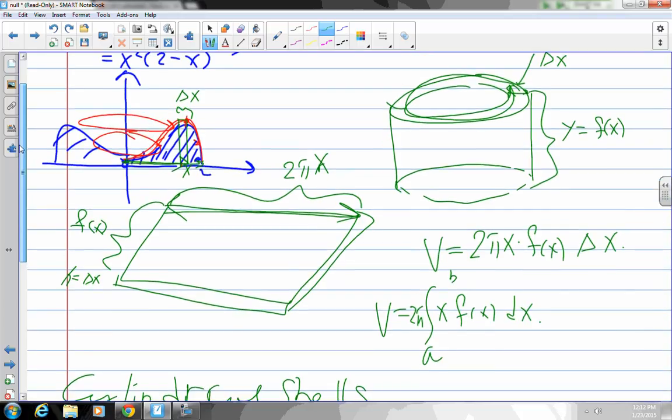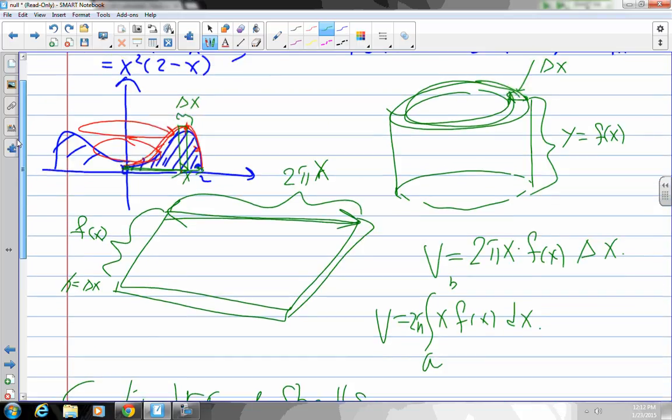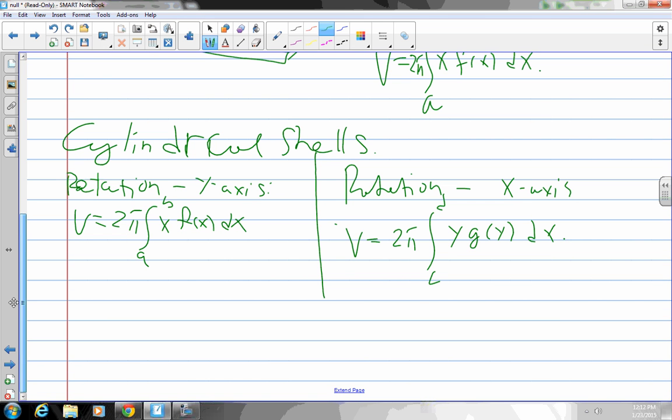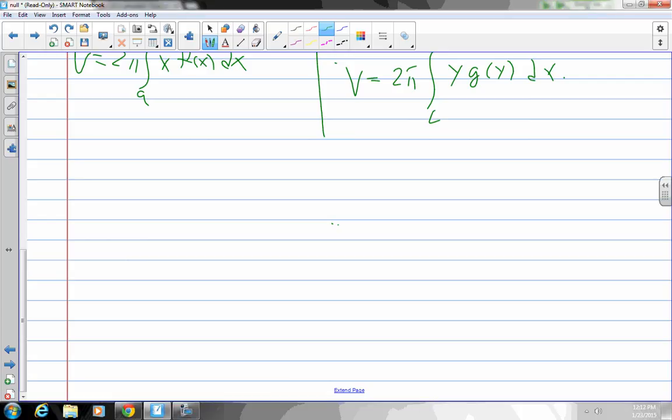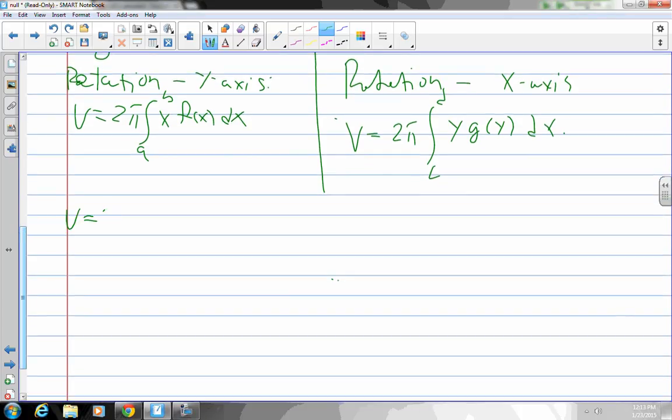So I can actually do this volume using this method now, right? Because all I need is my function, 2x squared minus x cubed. So the volume is 2 pi integral from 0 to 2, and then x, the extra x is for the radius, and then times the function, which again was 2x squared minus x cubed, dx.